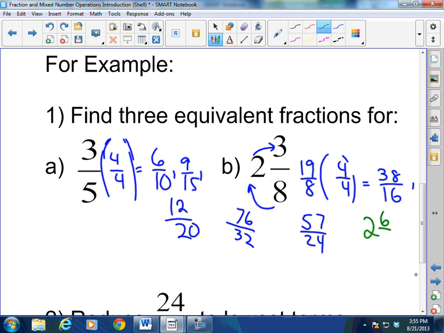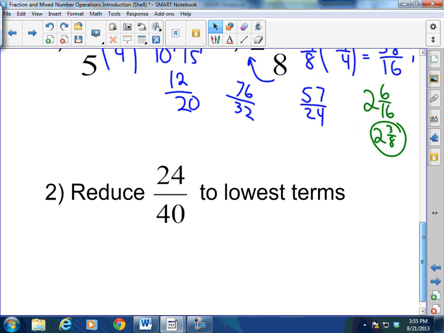So I've got 2 and 6/16, which I can reduce to, let's see, I can divide both by 2. So that'll be 2 and 3/8. Okay, so you do have to, unfortunately, turn it back into a mixed number. Hope that makes sense.